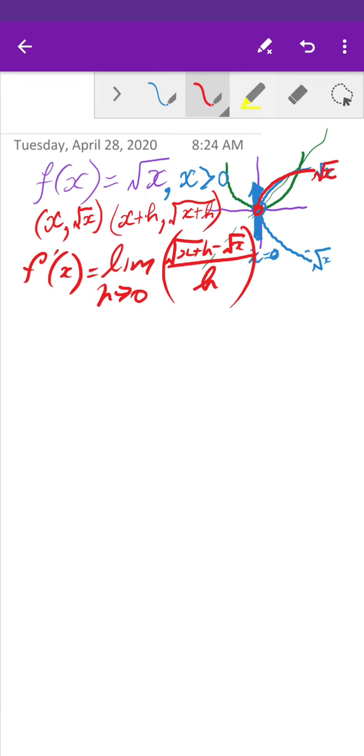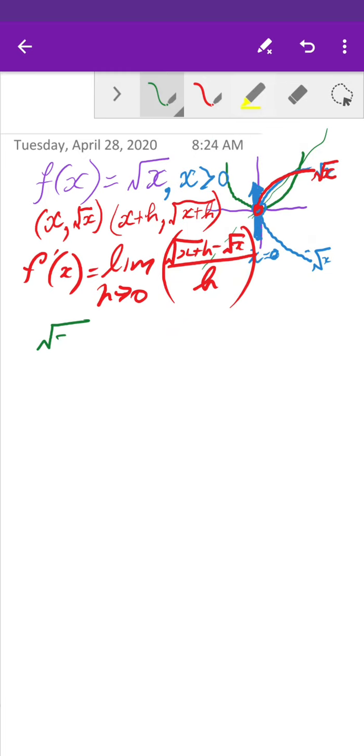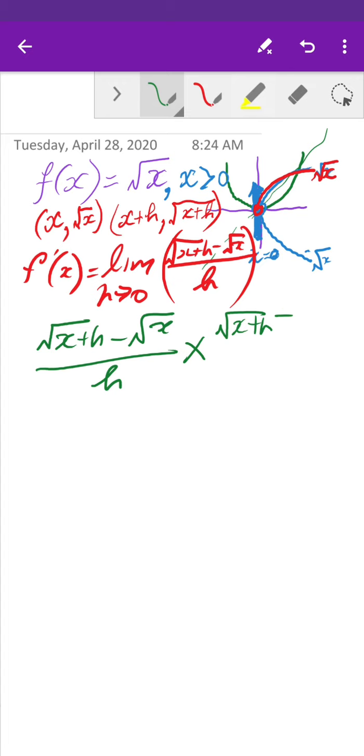Now let's have a look at just the numerator, which says the square root of x plus h minus the square root of x. Now this is a square root minus a square root. So let us use the rule: multiply the numerator by the square root of x plus h plus the square root of x, over the square root of x plus h plus the square root of x.